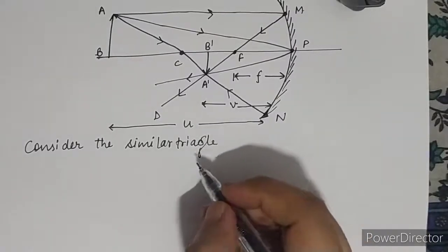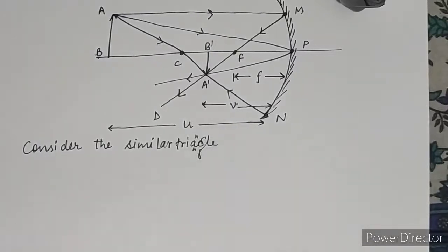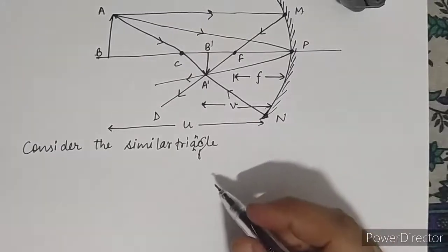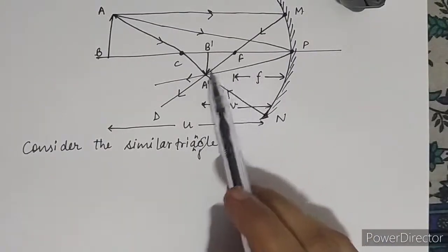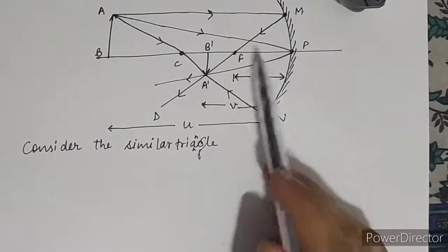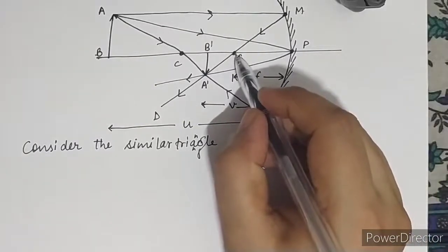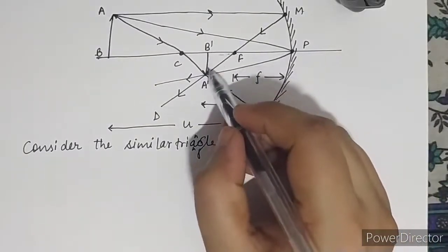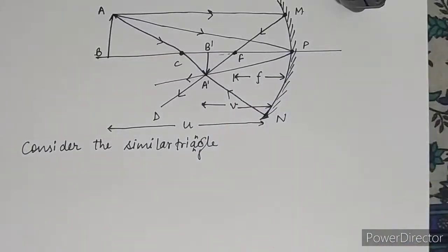First of all, here your similar triangles are A dash B dash F, and through this common point F, MPF.